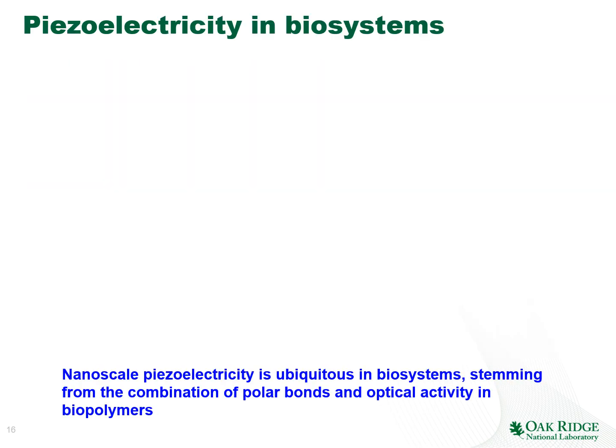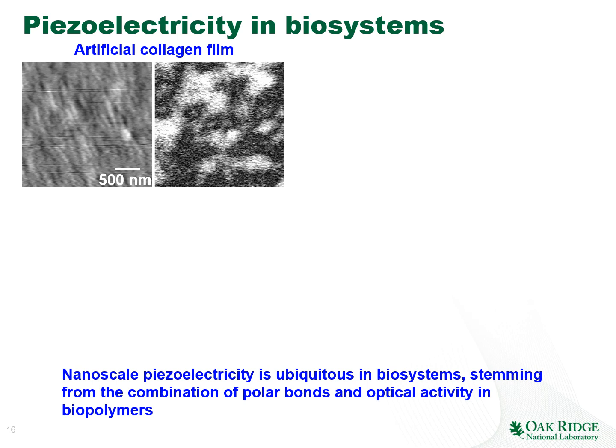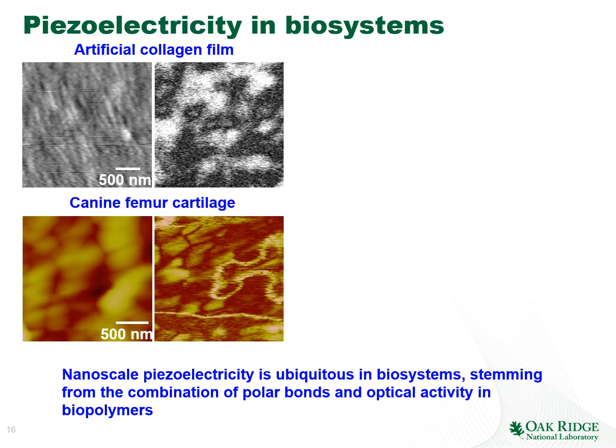Now, how common is piezoelectricity? So far, you have seen the example of the PFM imaging of the inorganic film and the glass ceramic film. It turns out that piezoelectricity is literally everywhere. For example, if we look at the collagen film and do the PFM, we start to see the bright and dark domains corresponding to the preferential orientation of the collagen fibers.